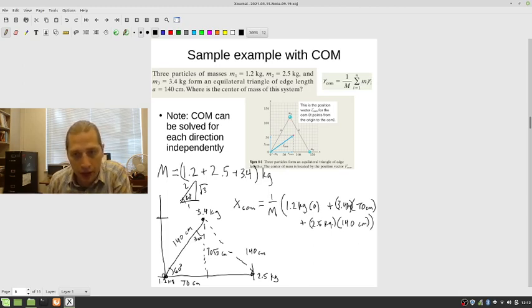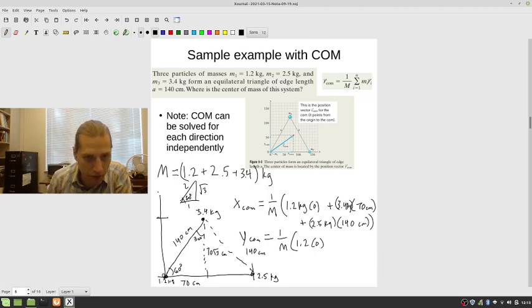Okay, so I am going to add these up and divide by the mass, and that'll give me my center of mass in centimeters. On the other hand, for my y center of mass, they've chosen the coordinates pretty well here, because this is just going to be 1 over m times 1.2 times 0, because the position in the y direction is 0, plus 2.5 times 0, that's this point, plus 3.4 times 70 root 3.